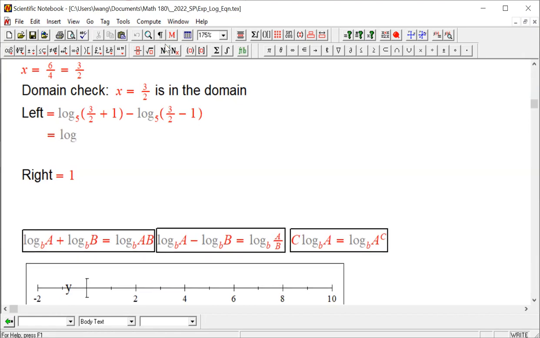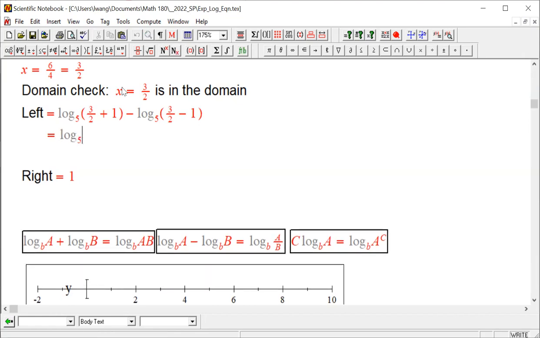Okay, so log base 5, and this is a 5/2, right? Minus log base 5, oh sorry, log base 5, 1/2. Okay, and then we can use a quotient rule actually.